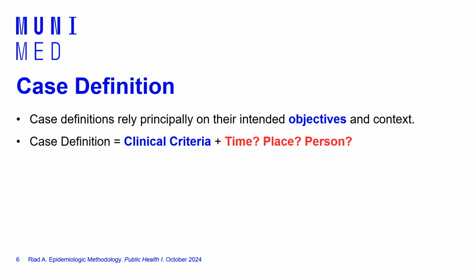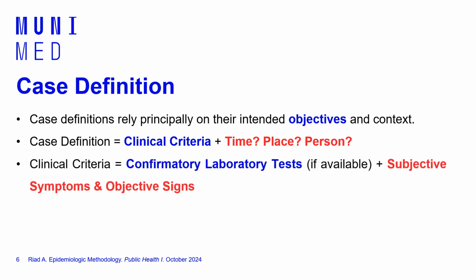Okay, so there is a set of clinical criteria. Confirmatory laboratory tests are commonly used, but of course not all diseases have confirmatory laboratory indicators. But if not, then at least there should be subjective symptoms and objective signs.